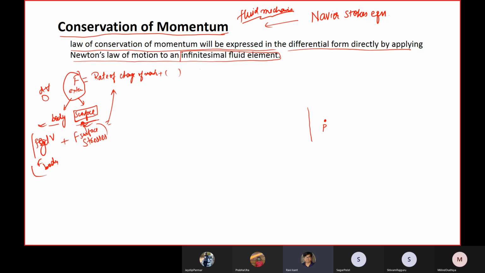And this is how, in this flow, we are going to derive our conservation of momentum. Okay, let's first talk about this surface force. So we'll take up a fluid element, let's suppose a 3D element. I will take a 3D element only.